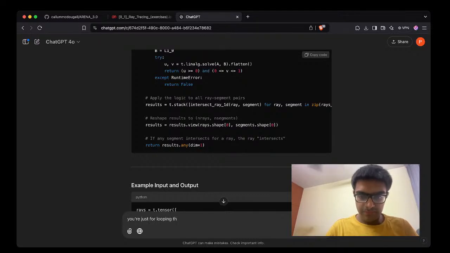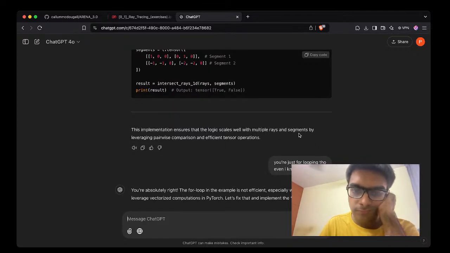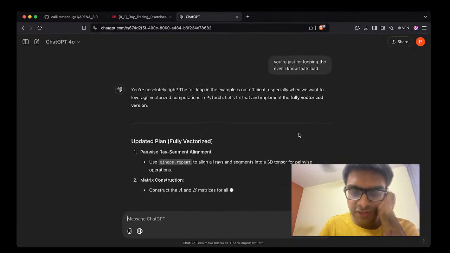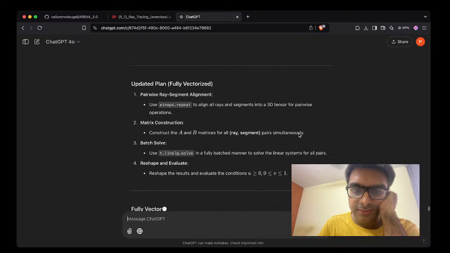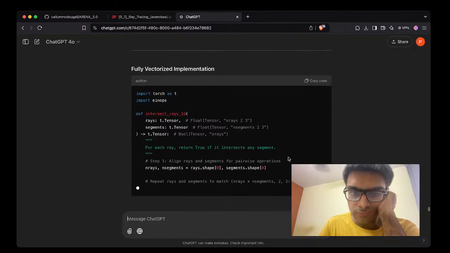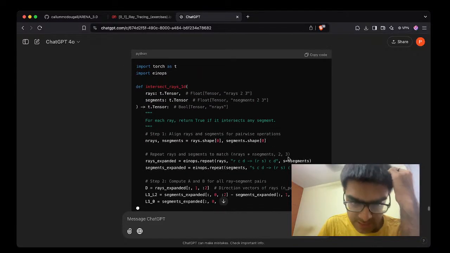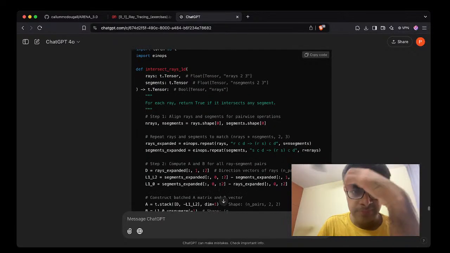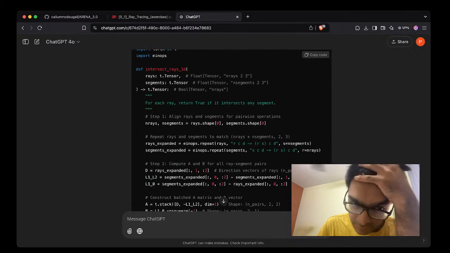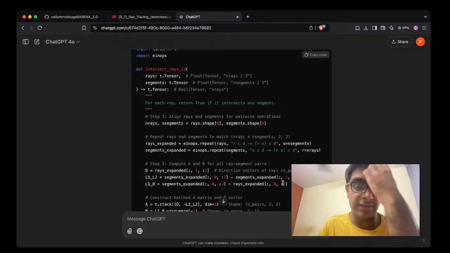This is fully vectorized, right? Got that. That's right. All the direction vectors, all the segment vectors, all the start to origin vectors. Okay.